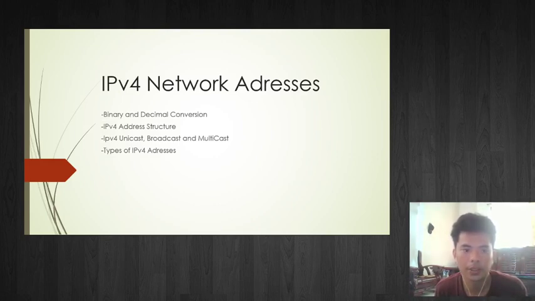So, IPv4 addresses and binary. Binary is a numbering system that consists of 0 and 1, called bits. In contrast, the decimal numbering system consists of 10 digits, the numbers 0 to 9. So guys, binary is important. Why? For us to understand, because hosts, servers, and network devices use binary addressing.